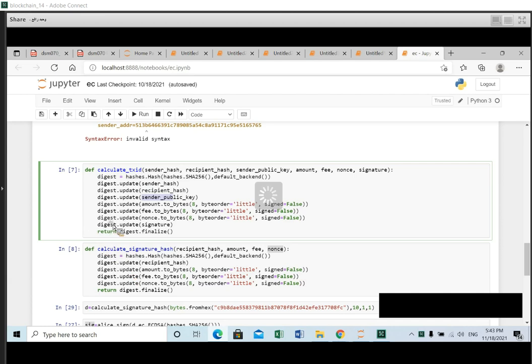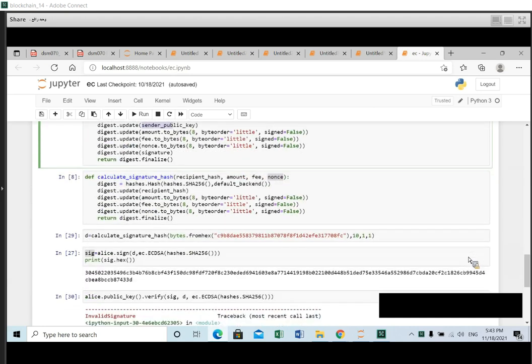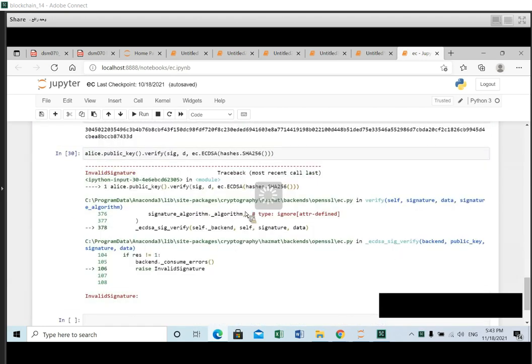Sender public key. We have the sender public key here. This is the sender public key. Amount is 10, fee is 1, nonce is 1, and signature, again bytes from hex.